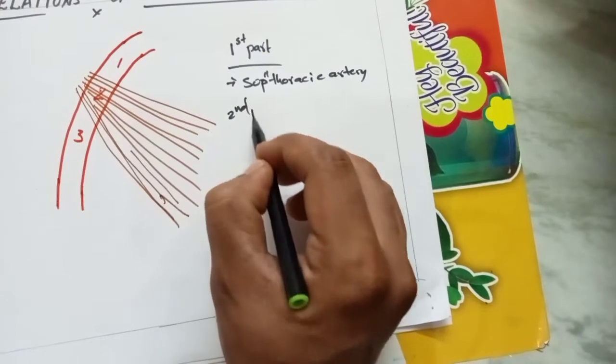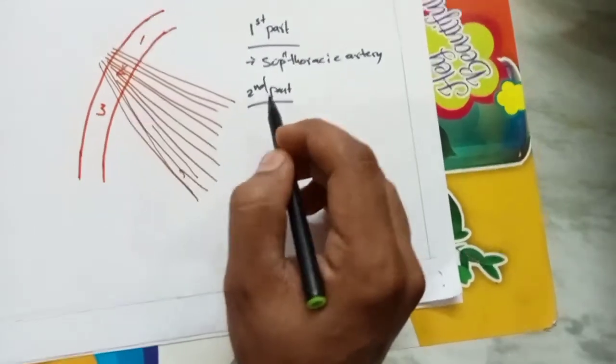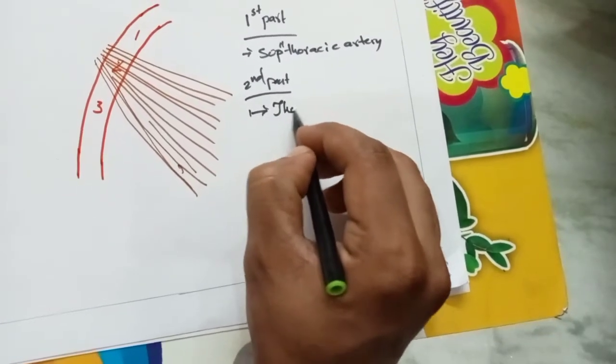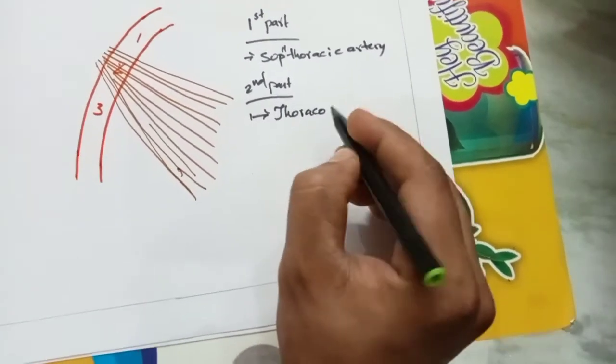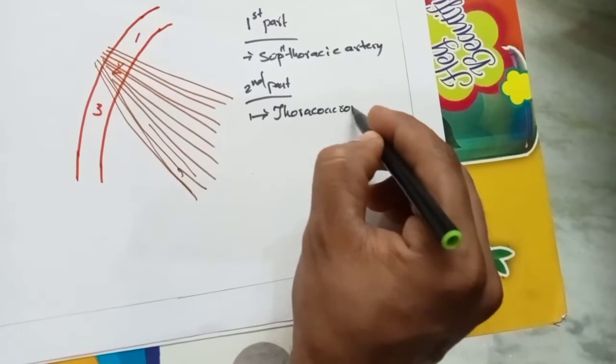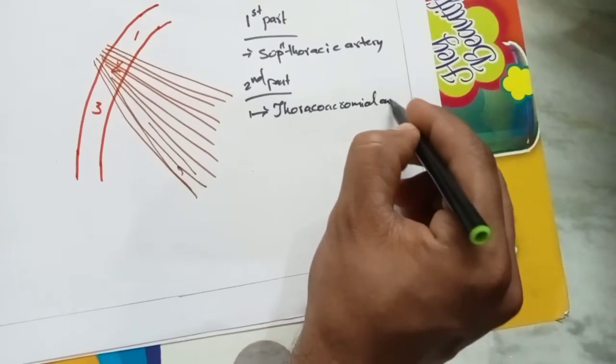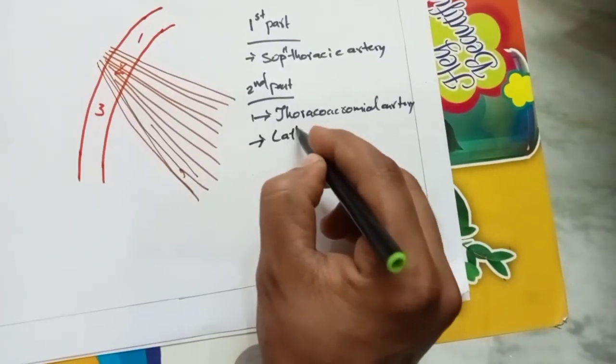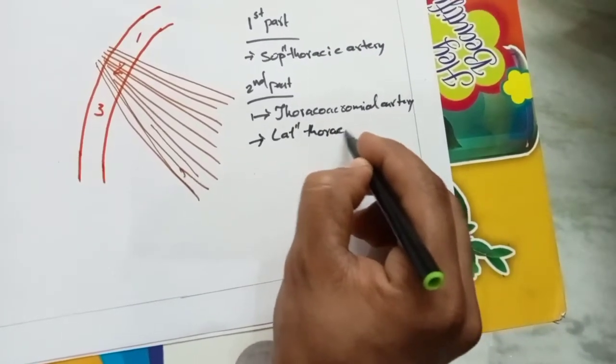And from the second part, two arteries are coming. One is the thoracoacromial artery, then the second one is the lateral thoracic artery.